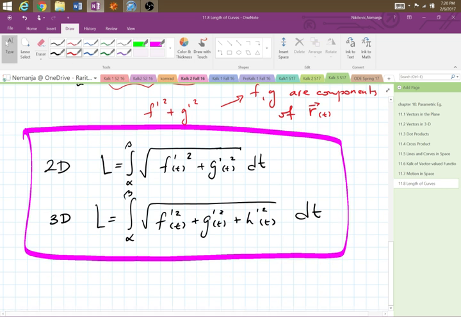And I'm just going to make a note here in blue. This is the notation for the 2D, R squared output.